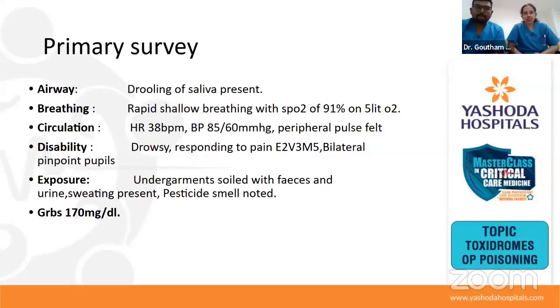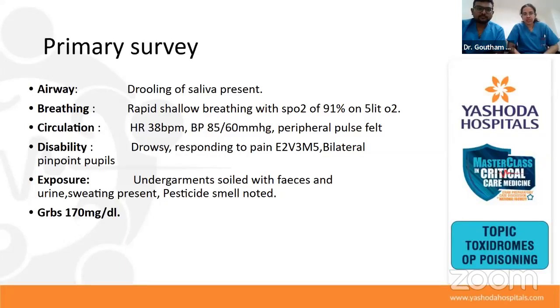Primary survey on examination: airway, there is drooling of saliva present. Breathing, there is rapid shallow breathing with a saturation of 91% on 5 liters of oxygen support. Circulation, heart rate is 38 beats per minute, sinus bradycardia. BP is 85 by 60 mmHg. Peripheries are cold, pulses felt.